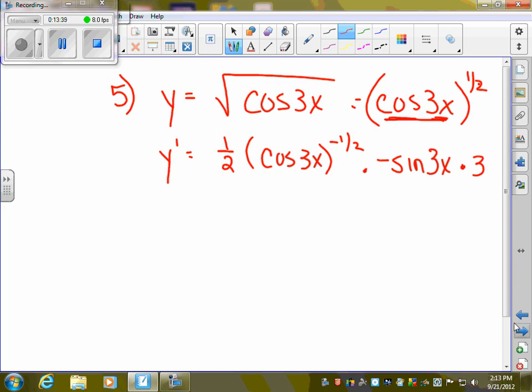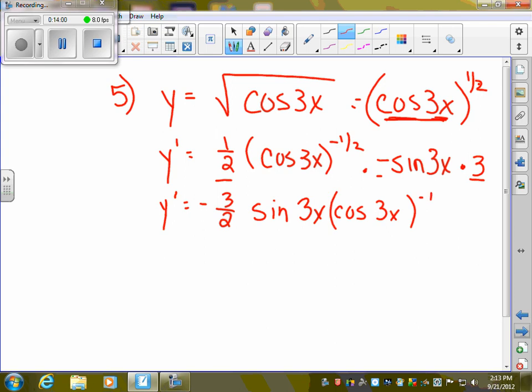Now it's just a matter of rewriting this. So I've got a 1/2, a negative, and a 3. They can all go to the front and become negative 3/2. Let's put our sine first, since it's not to a power. Sine 3x, cosine 3x to the negative 1/2.